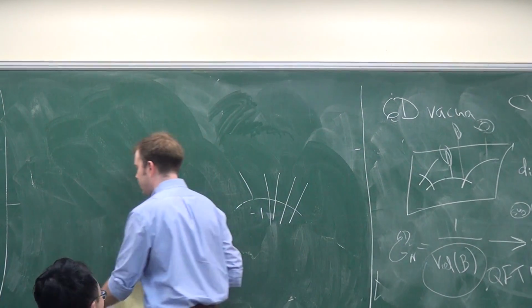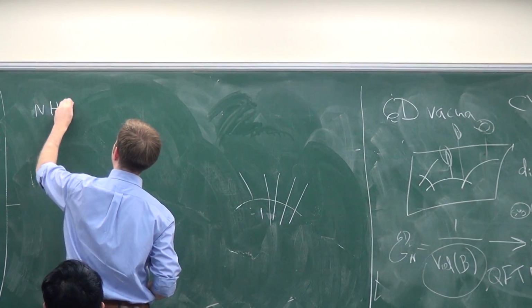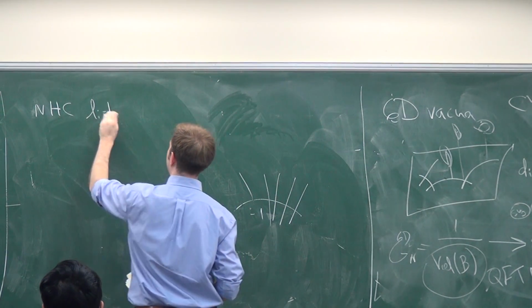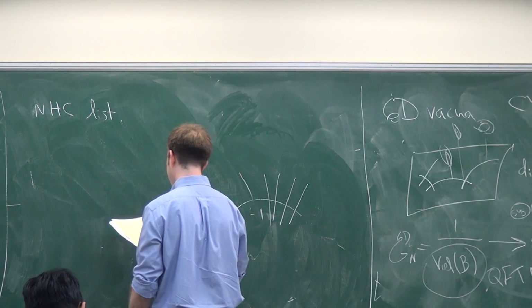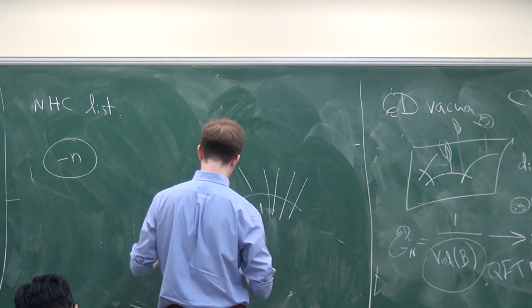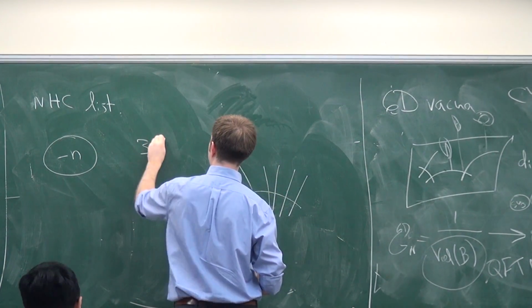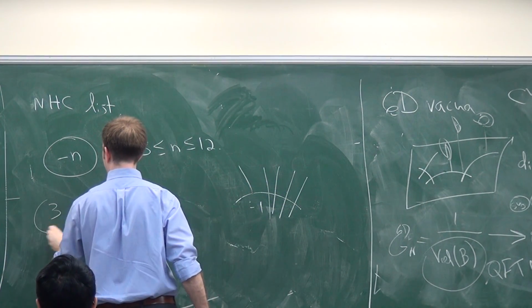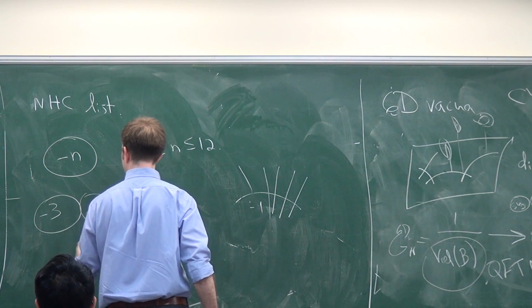But just to close the end, here's the list of non-Higgsable clusters. Does that answer your question? So there's a finite number of these things. You can have a curve of self-intersection -n, for example -2.